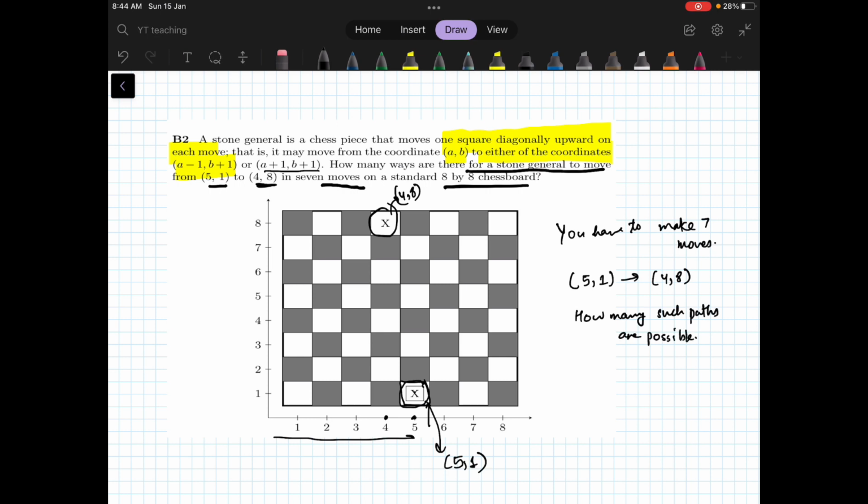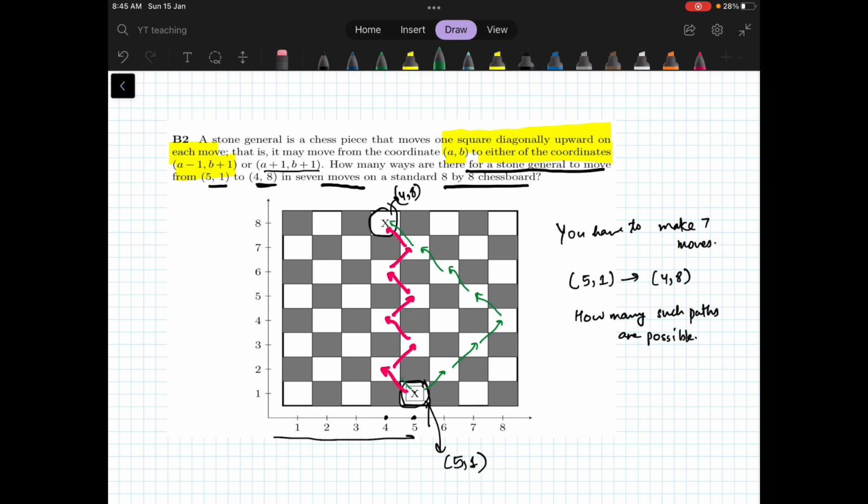So first, try to understand the problem. So what we are asking here, so let me change the color, green color. So you see one path is like this, 1, 2, this is my second move, third move, fourth move, fifth move, sixth move, and seventh. This is one of the paths. Okay, and then we can have like this, 1 2 3 4 5 6, and this is my seventh move. Then we can have another path, maybe like this.